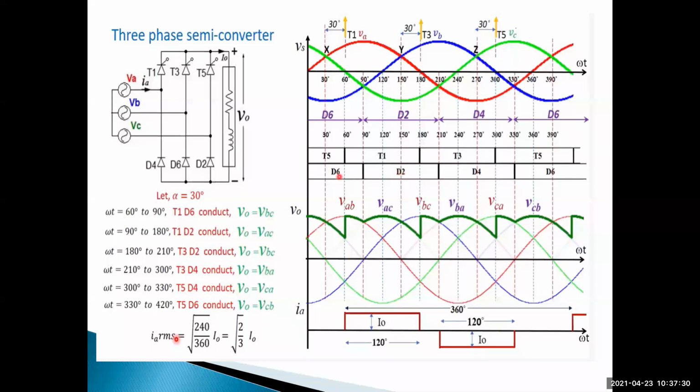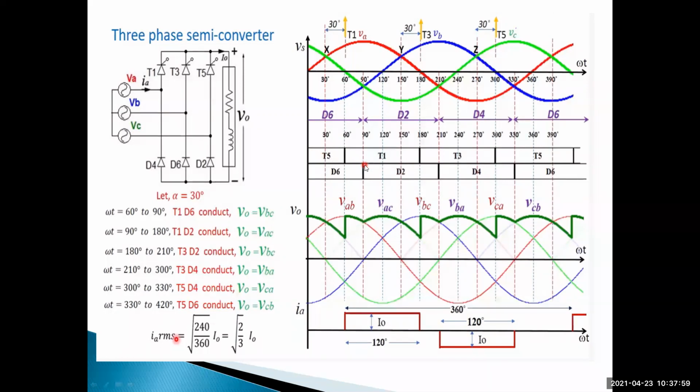So D6 is reverse biased and D2 is turned on, so conduction takes place and the current flows through the drive like this: IA through T1, then the load, and then D2, previously D6. So now we have VA minus VC, which is nothing but the line voltage VAC. So it follows the line voltage up to here.